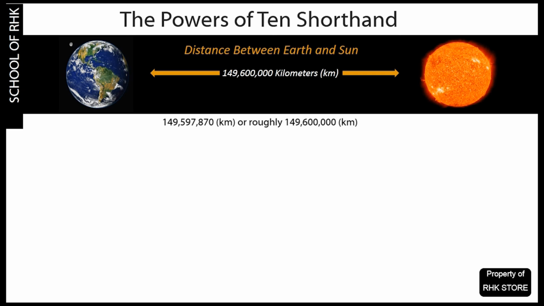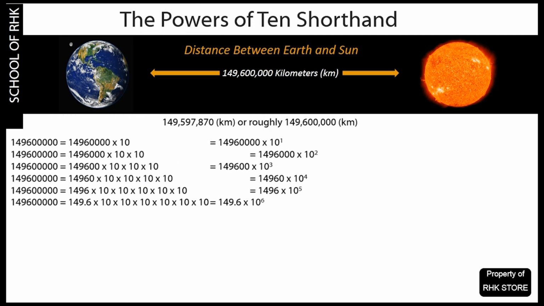To write it in a neat way, we will use the scientific or standard notation. In this notation, we write the number in the form of the powers of 10 shorthand.